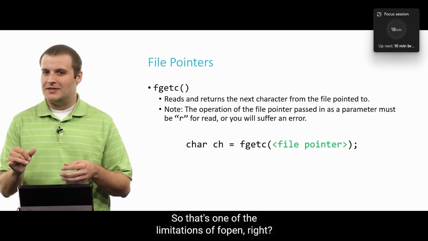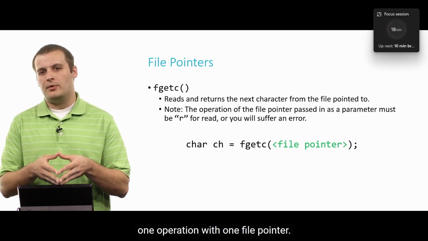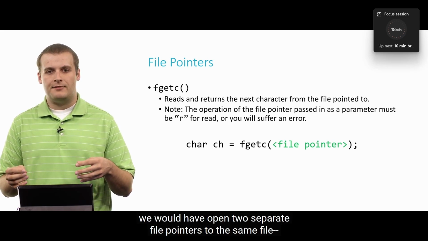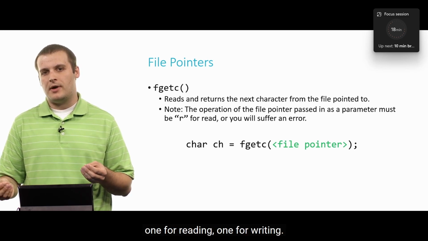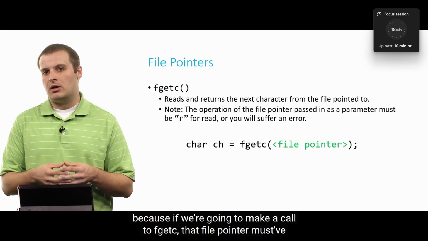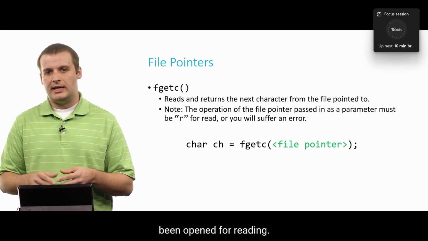So that's one of the limitations of fopen, right? We have to restrict ourselves to only performing one operation with one file pointer. If we wanted to read and write from the same file, we would have to open two separate file pointers to the same file, one for reading, one for writing. So again, the only reason I bring that up now is because if we're going to make a call to fgetc, that file pointer must have been opened for reading.